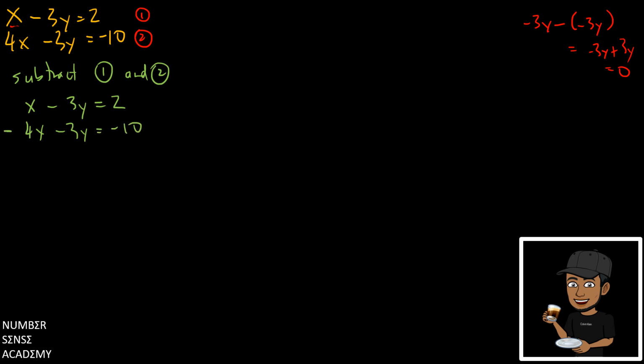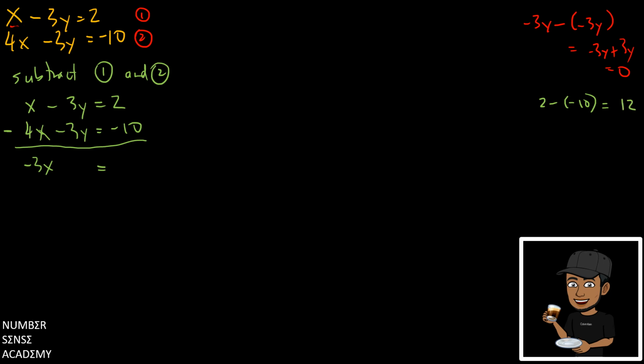And I'm going to put a minus sign just to remind myself that I am subtracting and I don't make a mistake and switch it up halfway through. So x minus 4x gives me a negative 3x. The negative 3y's cancel out when I subtract. And then I have 2 minus 10. So 2 minus 10 equals 2 plus 10, which is 12.